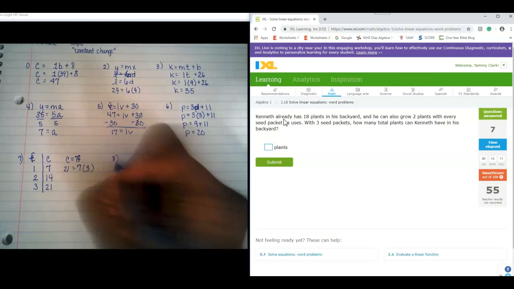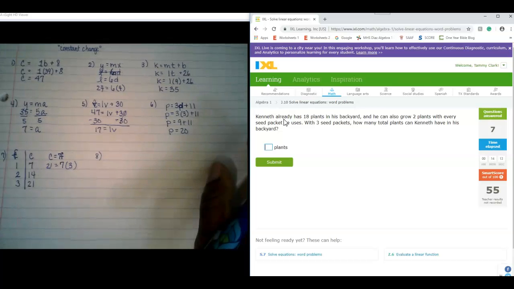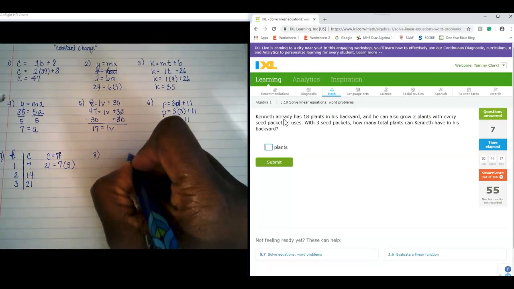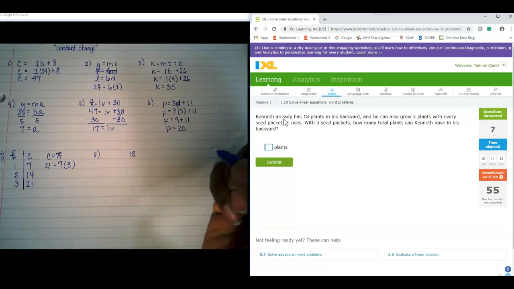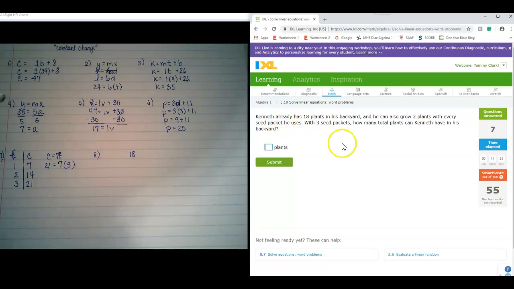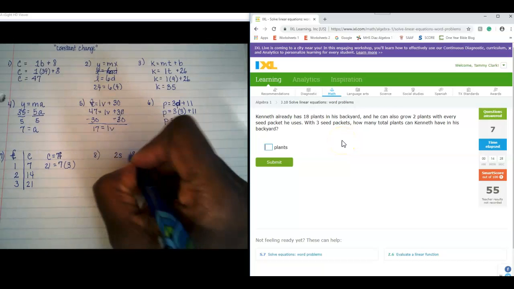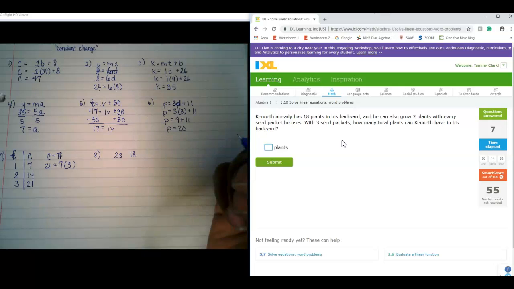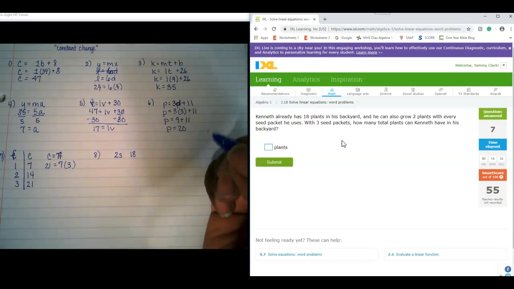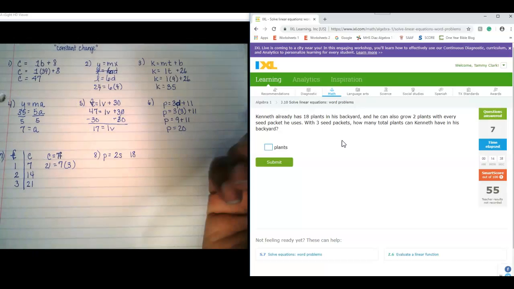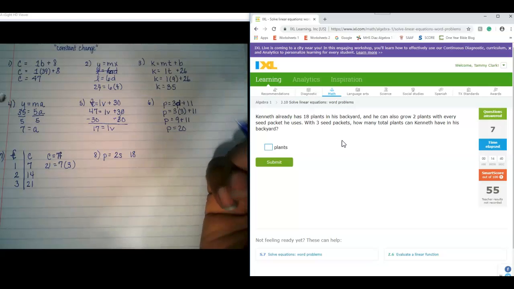Let's look at number 8. Kenneth already has 18 plants in his backyard. He can also grow 2 plants with every seed packet he uses. With 3 seed packets, how many total plants can Kenneth have in his backyard?